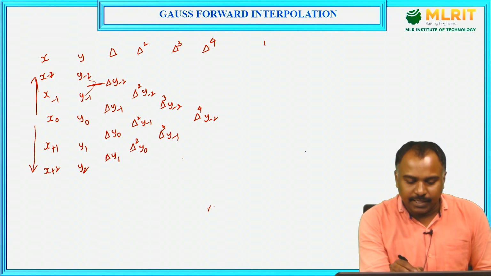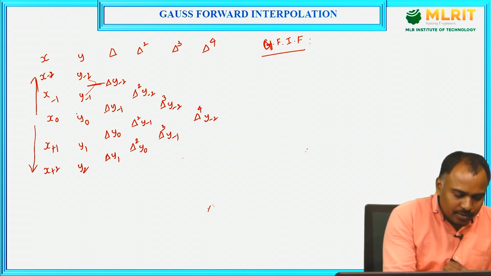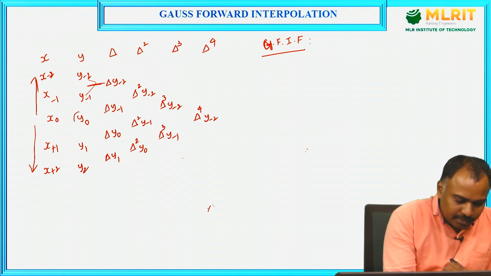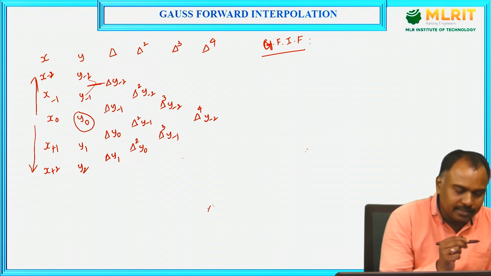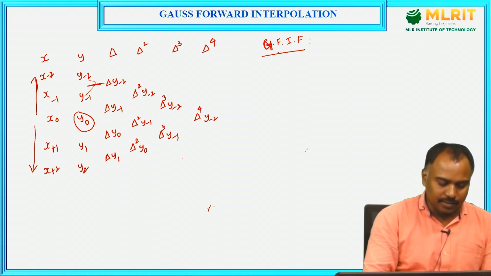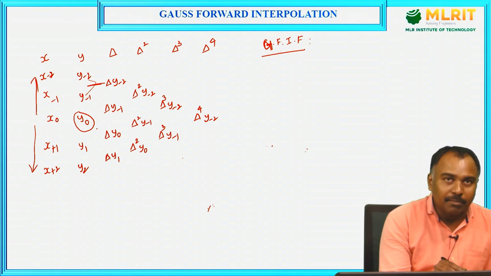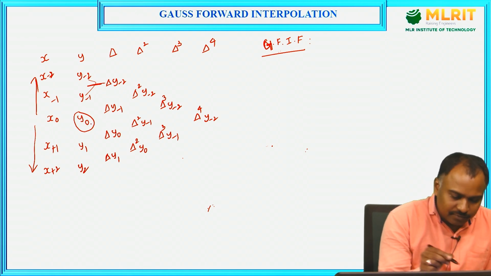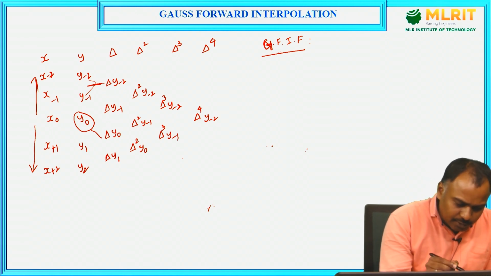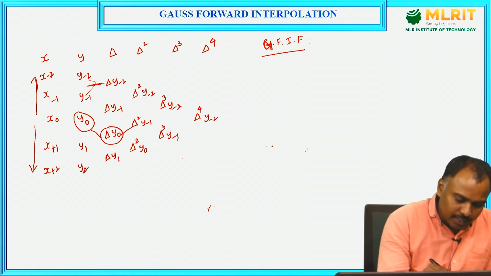So I am writing the formula so that it is easy to remember. Gauss forward interpolation formula. To remember this formula easily, we start exactly at y naught. If it is forward, from there one value down, just highlight this point, then one value up.